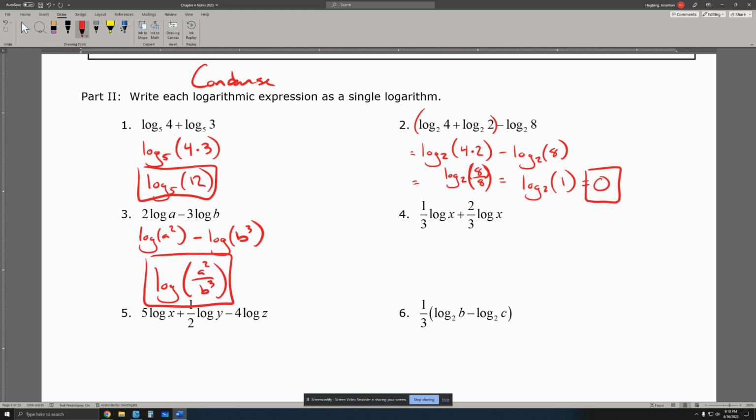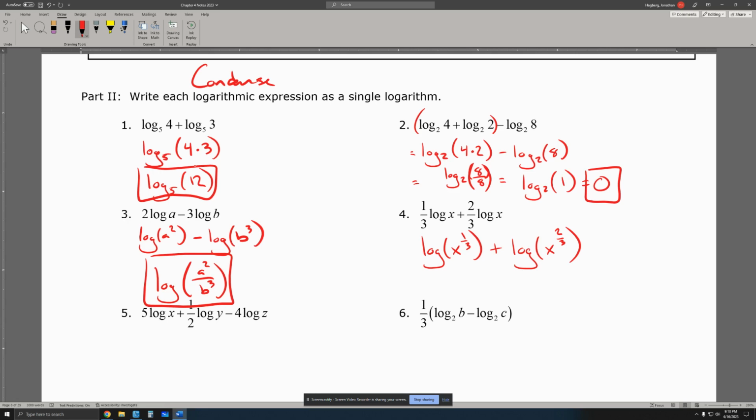All right. Next up, we have log of x to the 1/3, our power rule again, plus log of x to the 2/3. Now we have our product rule. So what do we do with those powers? We add them.